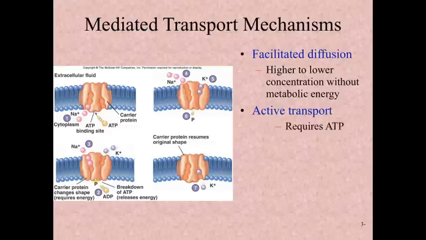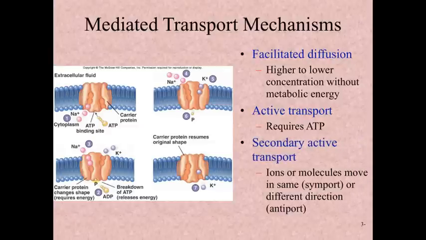And there are a couple of different types of active transport. There's secondary active transport, which I'll describe in just a moment, in which molecules can be moved in the same direction or moved in opposite directions. Now on the screen you'll see an example of an active transport mechanism. This is something called a sodium-potassium pump.